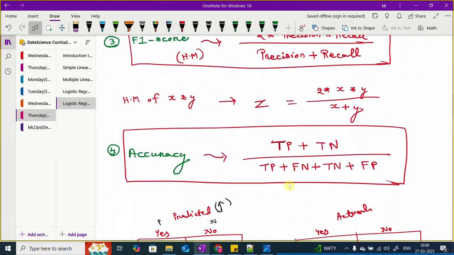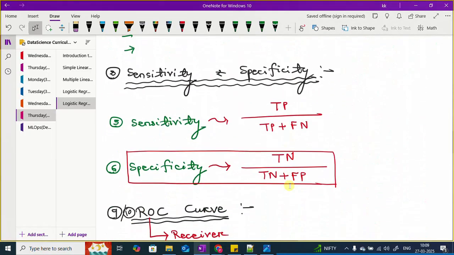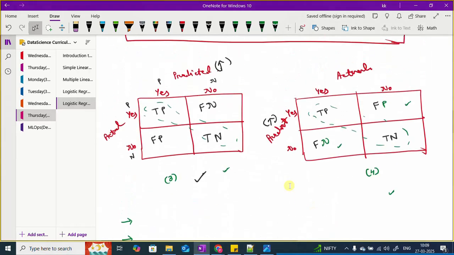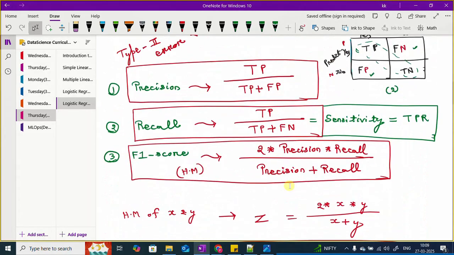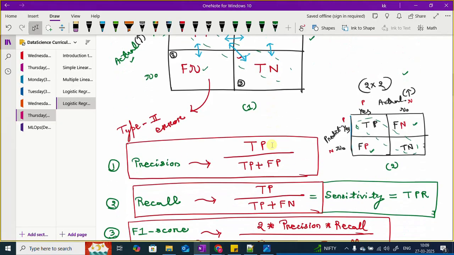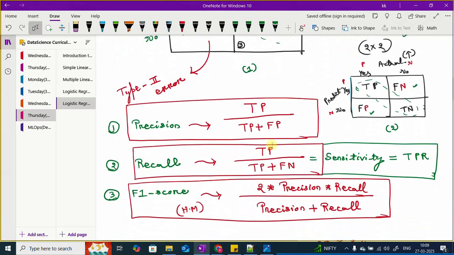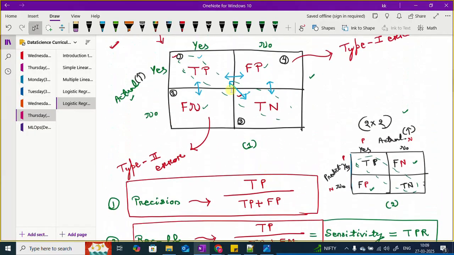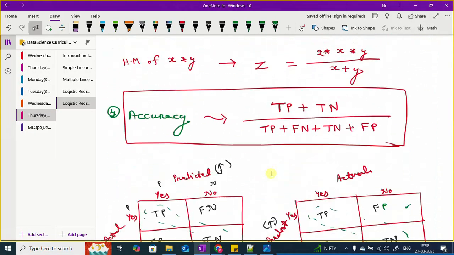Let me see where FP is present. Where is FP present? FP divided by. How come I have drawn this one? This is TP divided by TP plus FP, okay. This is fine.